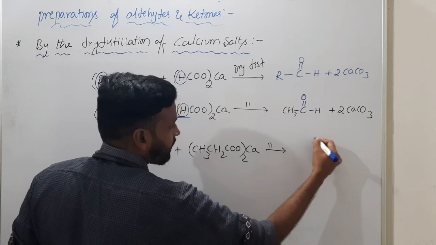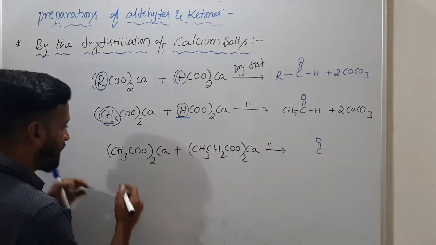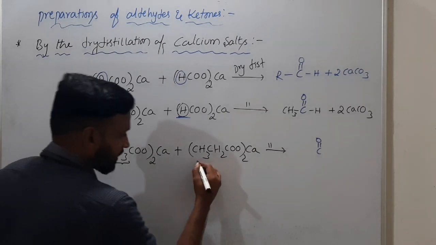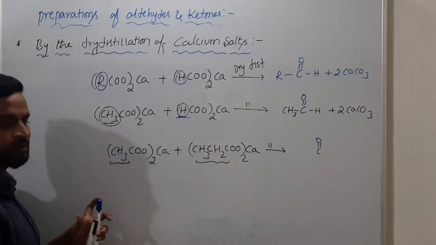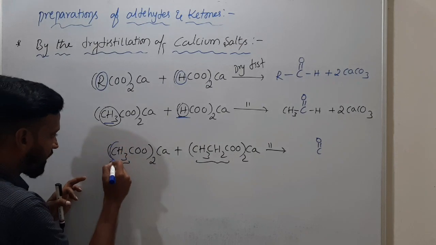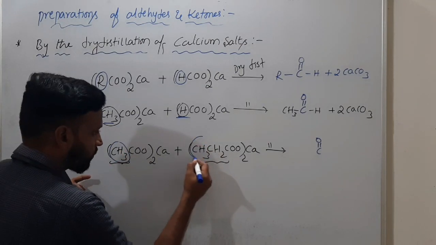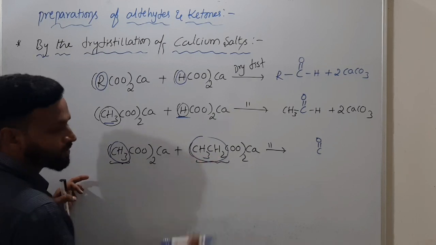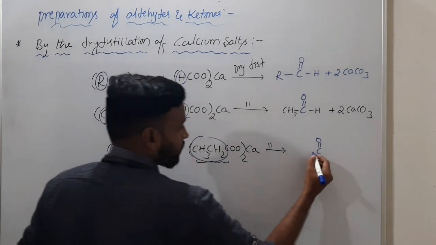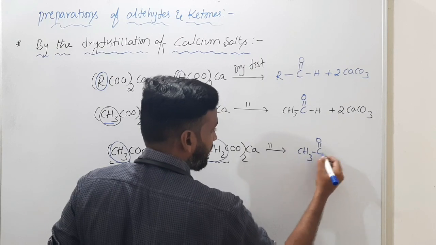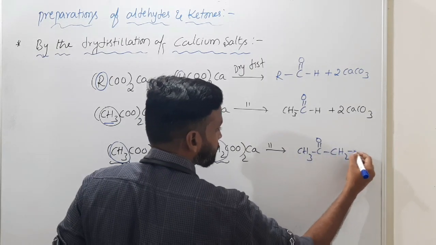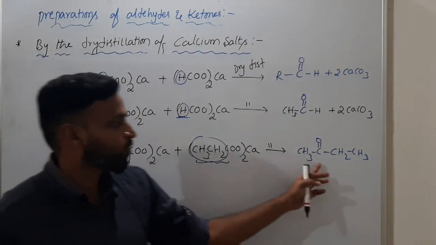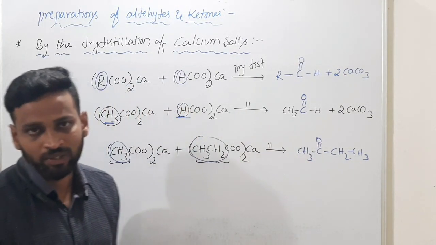And here you have a C double bond O. Here you have a methyl, here you have an ethyl. Understanding? Here what group you have? Methyl group. Here what group you have? Ethyl, C2H5, 3 plus 2, 5. So one side you have methyl and another side is CH2CH3, ethyl group. So butanone you are having as product.